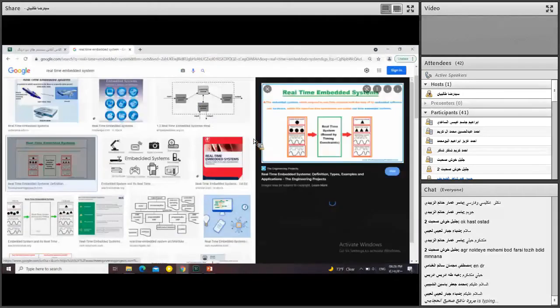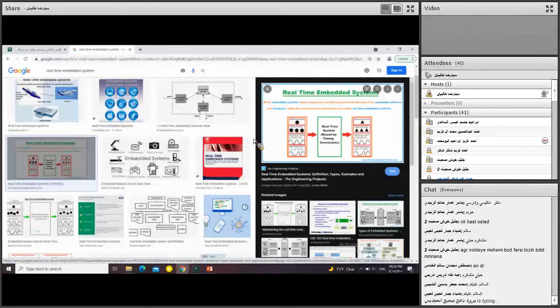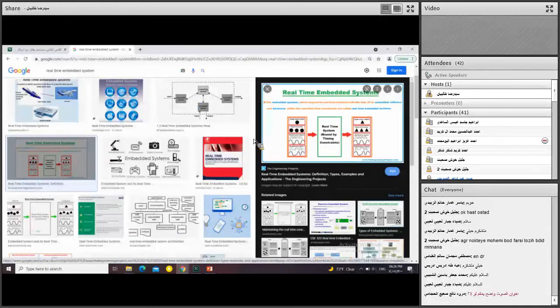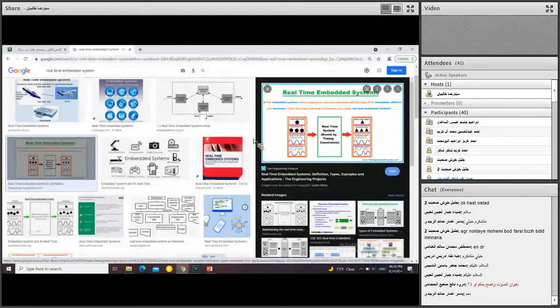Real-time embedded systems: the embedded systems which respond to a real-time situation with the help of their embedded software and hardware within the specified time constraints are called real-time embedded systems.